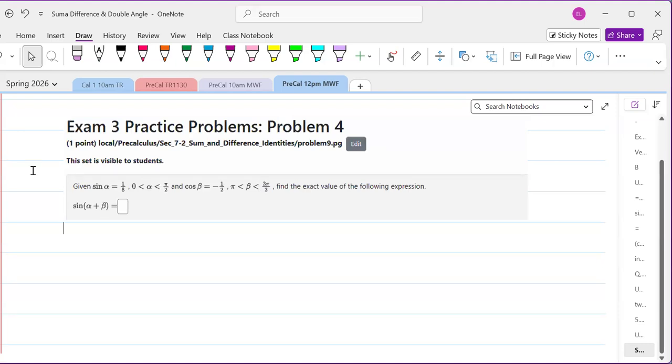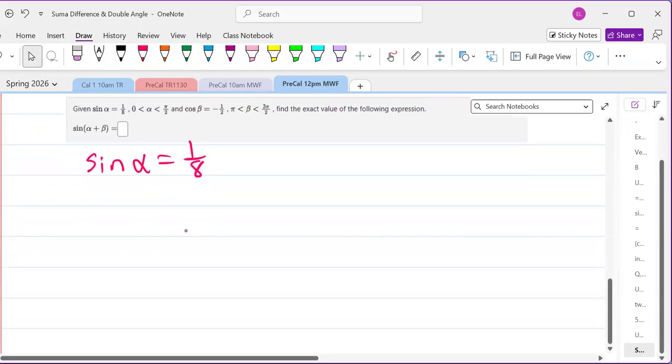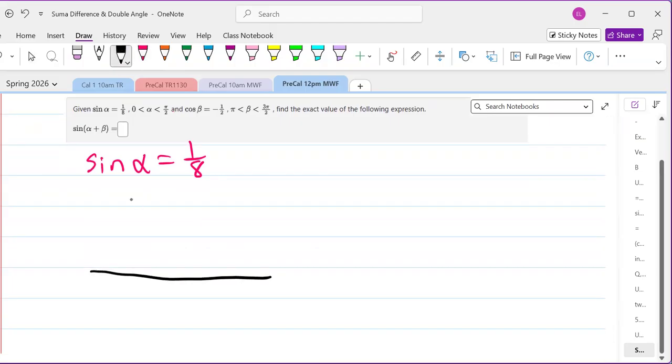So here we're told the sine of alpha is 1/8, and alpha is in between 0 and pi over 2. So alpha in between 0 and pi over 2, 0 is our positive x-axis, pi over 2 is our positive y-axis.